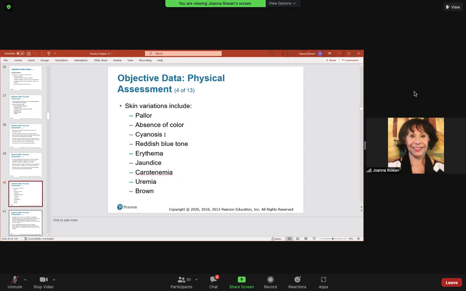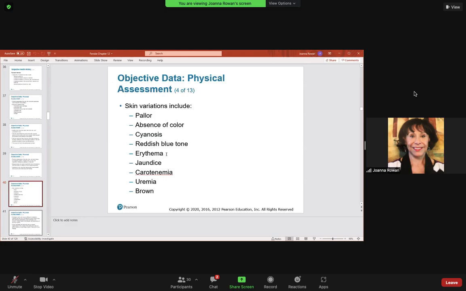Cyanosis is a bluish or purple color, and that usually indicates the patient is having respiratory problems. A reddish blue tone usually indicates problems with the heart.